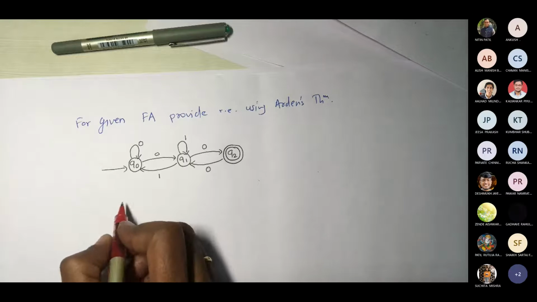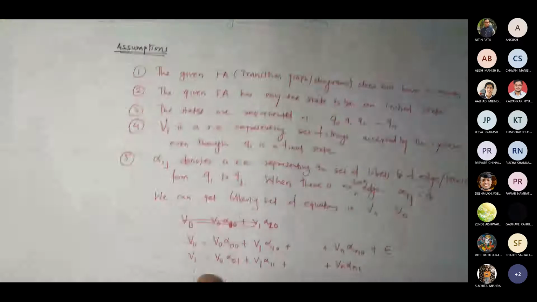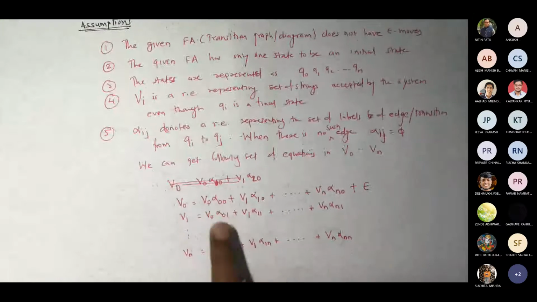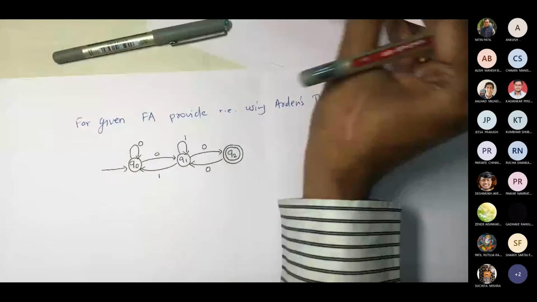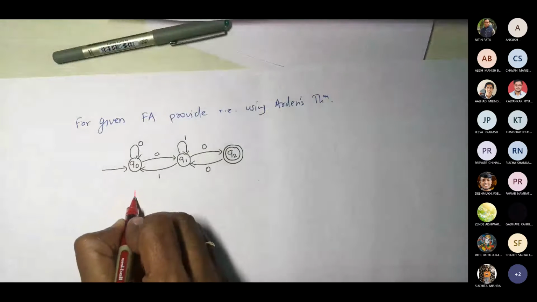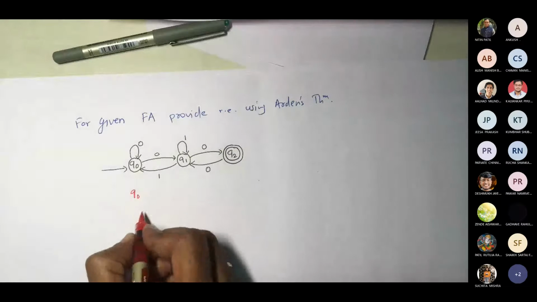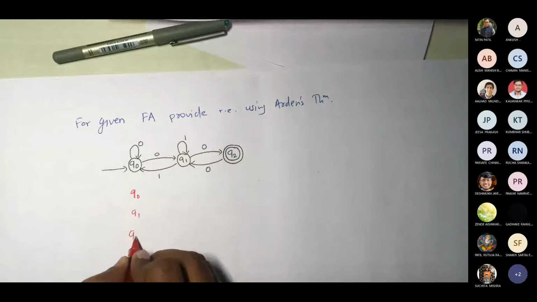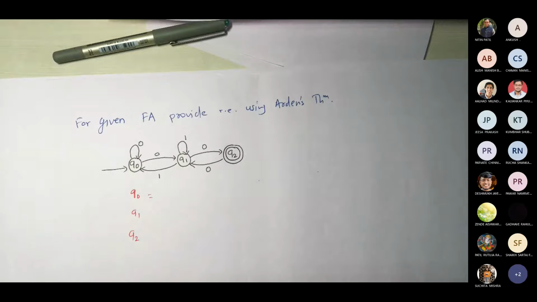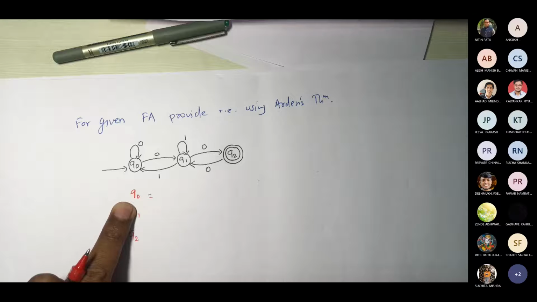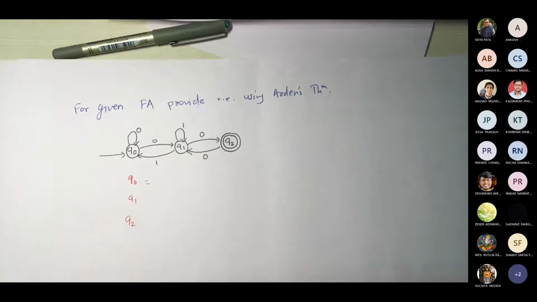So let us try to write equations for each of the states: Q0, Q1 and Q2. Now what you have to do is see which are the incoming transitions to Q0 for the given diagram.